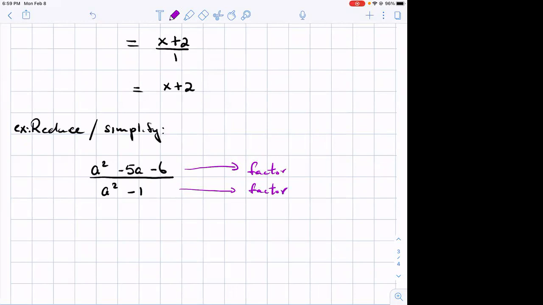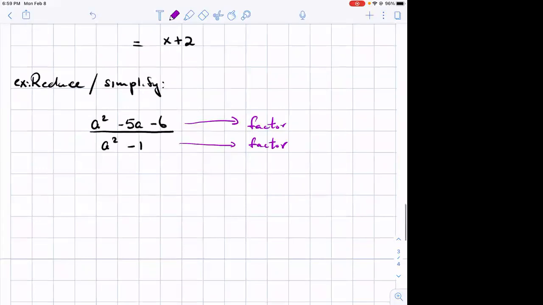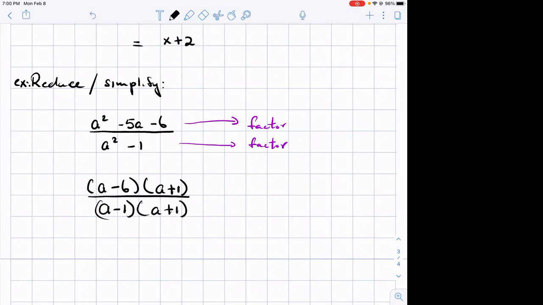If we factor the numerator, using the master product method or using the guessing method, this becomes a minus 6 times a plus 1. Divide that by, in the denominator it's a difference of squares, so it's a minus 1 times a plus 1.